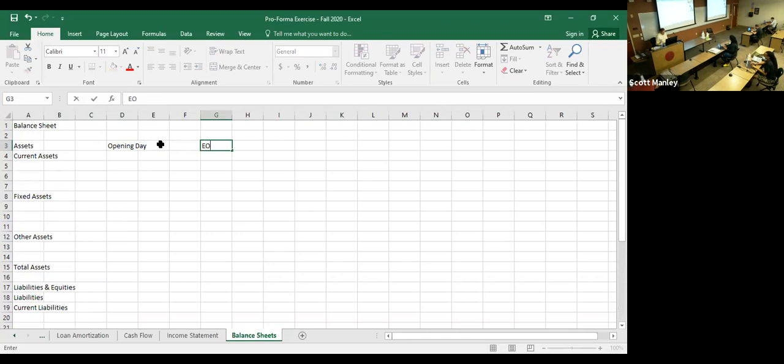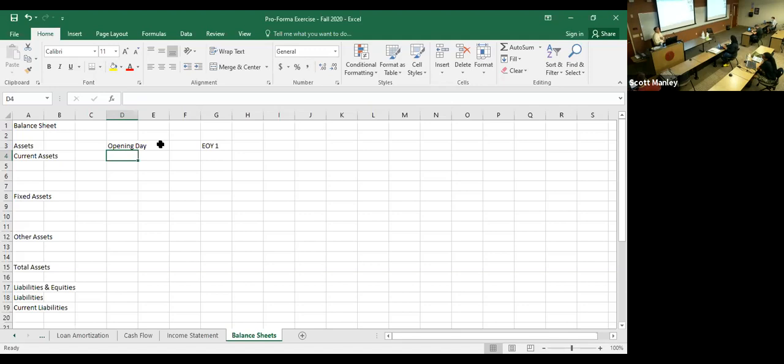I'm just going to name that EOY 1, meaning end of year one. That's the two balance sheets that you have to do. Remember, the opening day balance sheet is 25 points. End of year one, 50 points. So we're going to have those kind of parallel balance sheets.